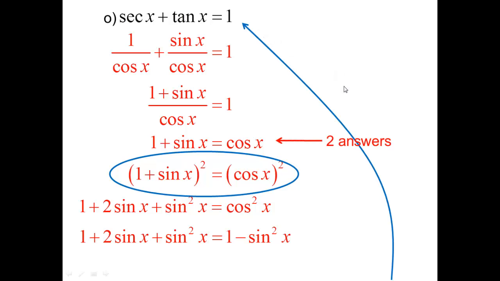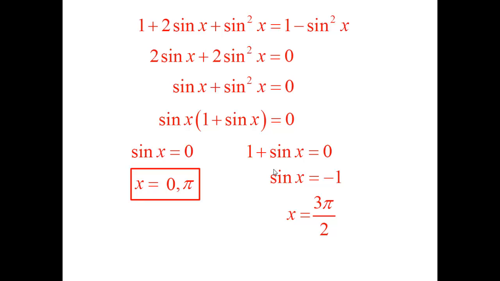So 3 pi over 2 doesn't fit into the secant plus tangent. My original function should have only had 2 answers because it was just a linear type problem. There was no squaring going on or involved. I changed it from 2 answers to 4 answers, which means any of those extra answers have to be ignored. There are only 2 answers, 0 and pi.